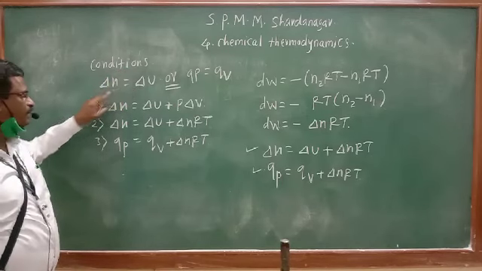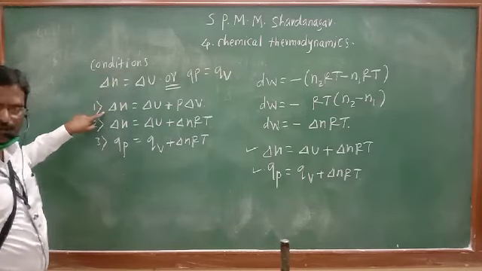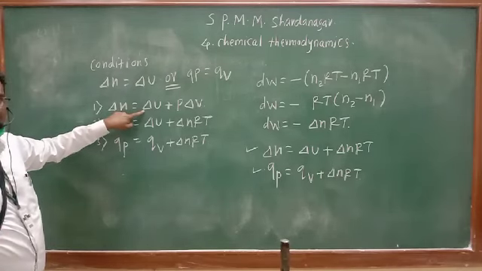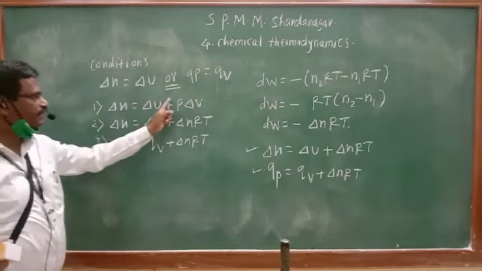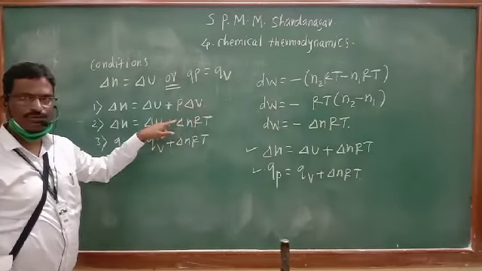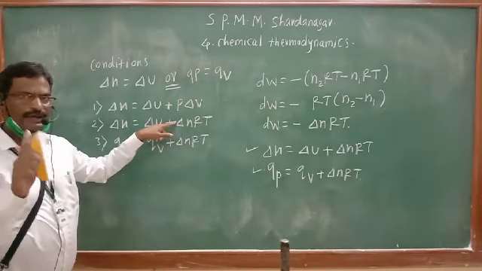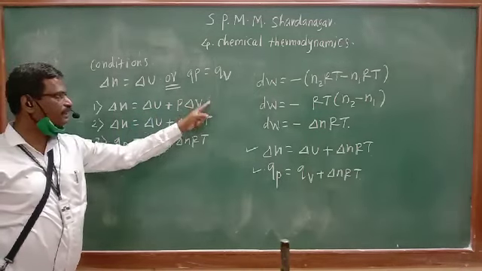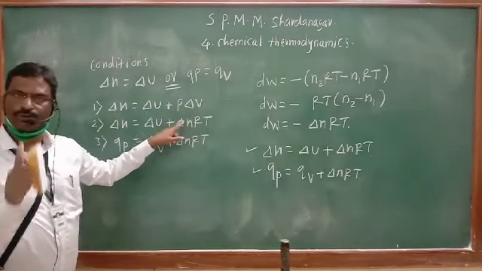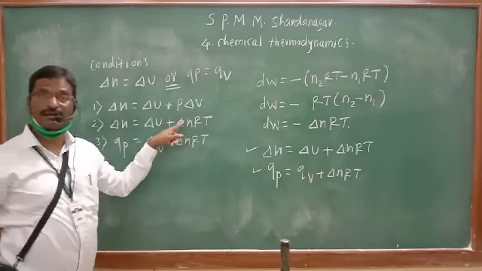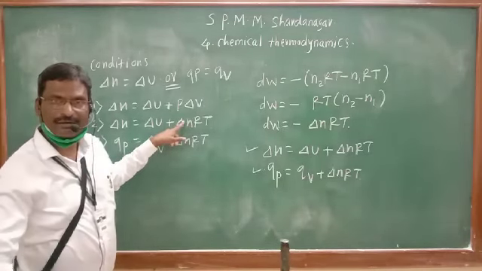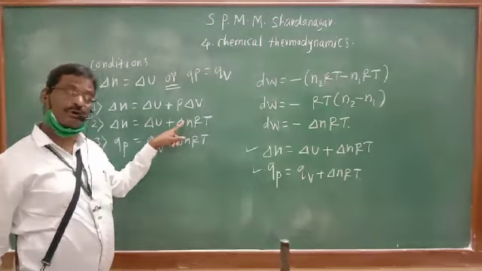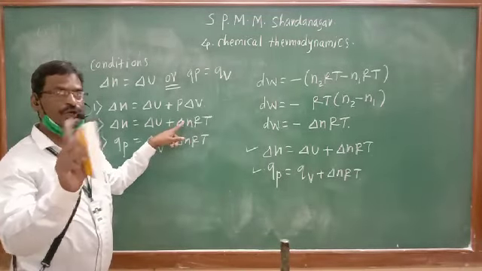See here. If we see this equation number 1, delta H is equal to delta U, for that purpose this must be 0. When delta H comes equal to delta U, for that purpose this factor should be equal to 0 for a chemical reaction. But we know that a chemical reaction has certain pressure, constant pressure, but not 0.